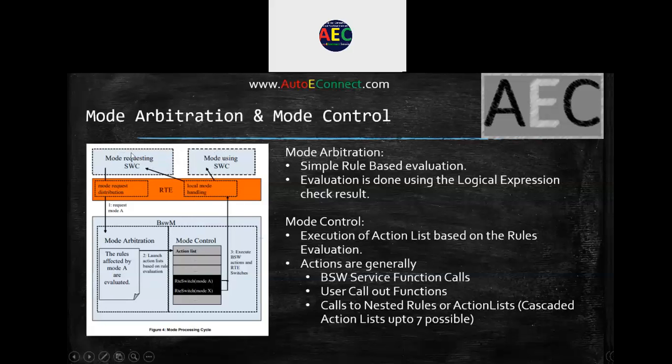So a general typical example use case is where the application wants to continuously change modes. Let's take a typical example of the LIN scheduling request. After the execution of one schedule, it has to switch to the next schedule. So what needs to be done? Whenever the request goes from this application module to the LIN schedule manager, and once the LIN schedule manager changes, there will be an indication given back.